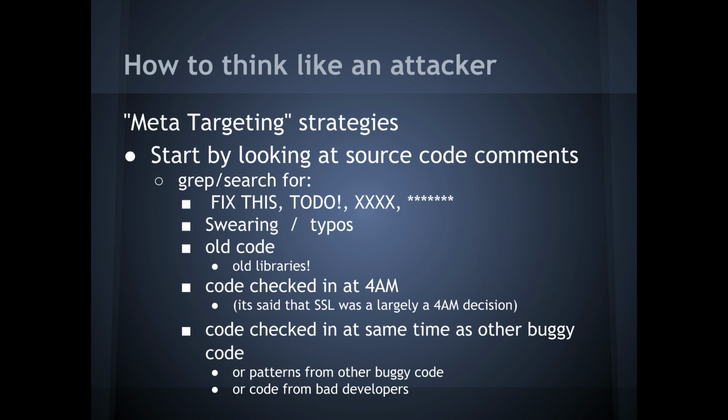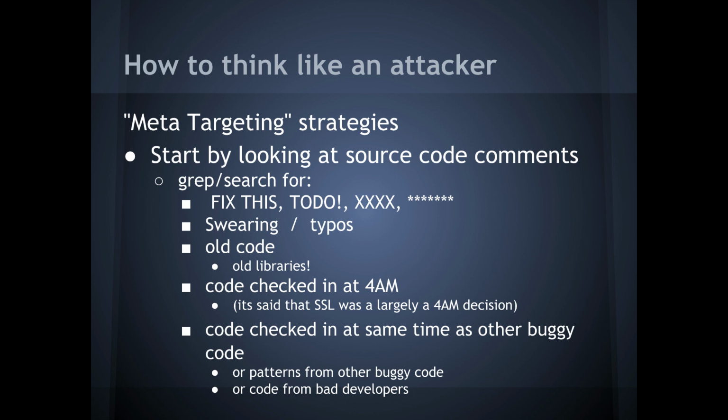It's not an empirical or a scientific observation, I'll add. But we'll see later in the semester when we discuss web security and SSL, Moxie Marlinspike interviewed one of the lead designers of SSL, and he said it was largely a 4 a.m. decision, which is pretty funny.